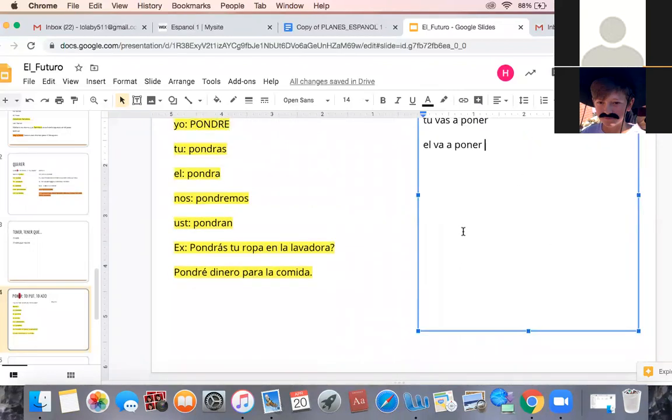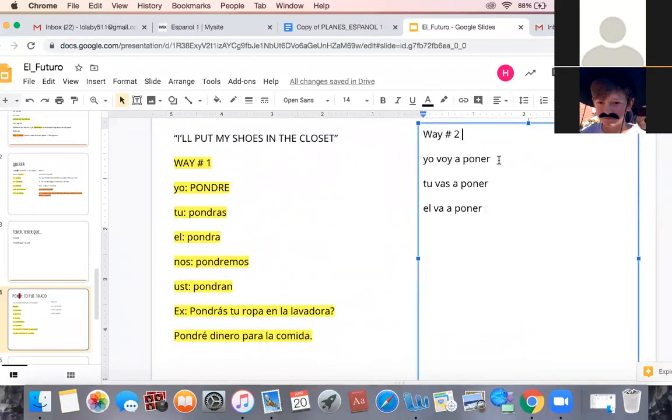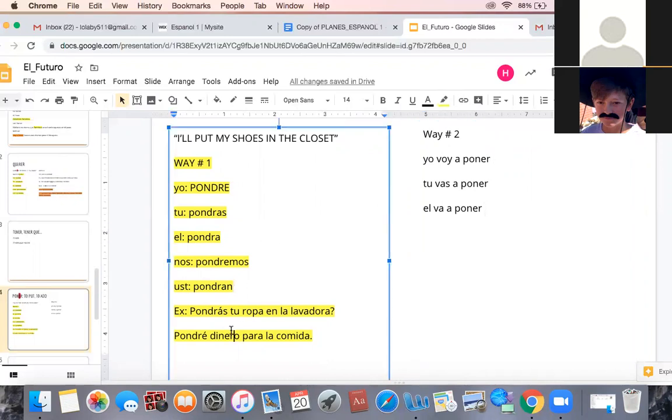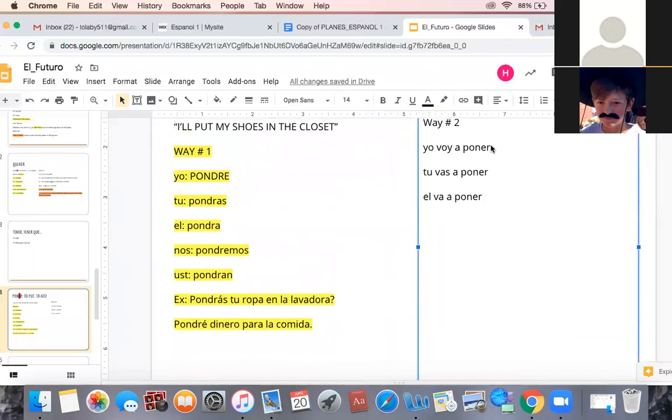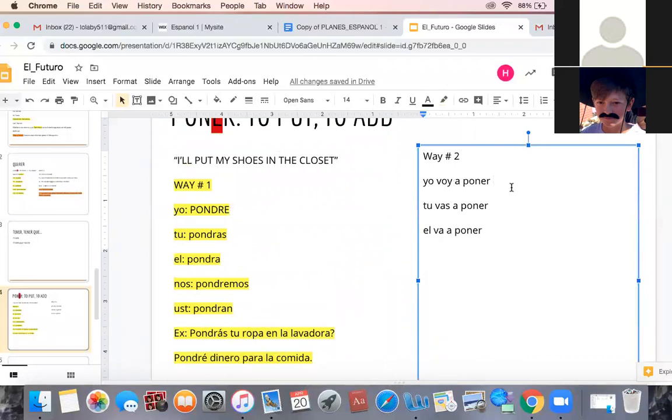I don't want to finish the other because you already know what they are about. Entonces, how to use it in a sentence. Yo voy a poner, it's the same thing, right? Yo voy a poner dinero para la comida. So, way number 2.